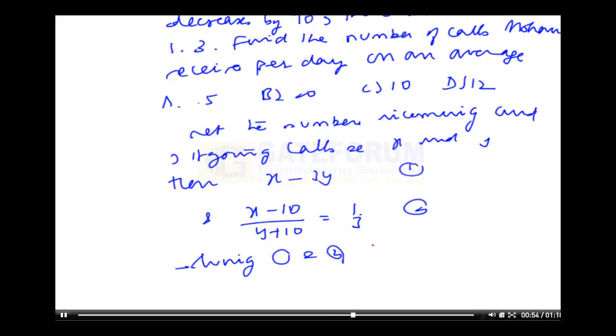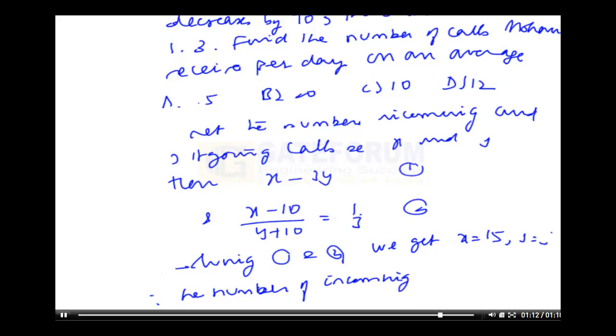Solving 1 and 2, we get x is equal to 15 and y is equal to 5. Therefore, the number of incoming calls is 15.